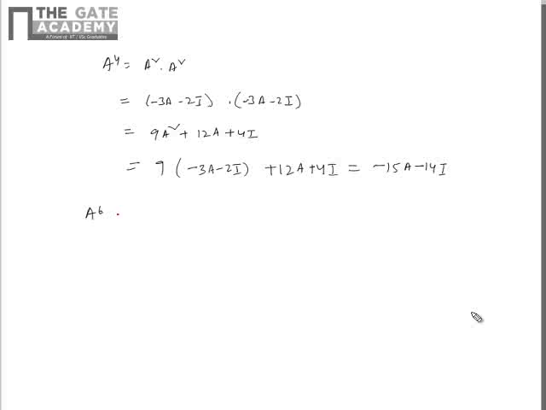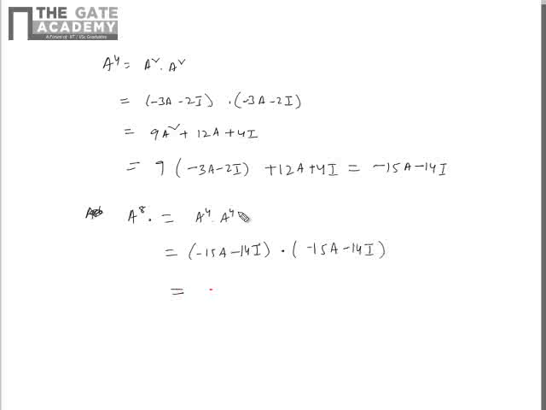Similarly, instead of evaluating A power 6, we can evaluate A power 8 directly, because A power 8 will be A power 4 into A power 4, and we already got A power 4 in terms of A and I. So I can just use (minus 15A minus 14I) into (minus 15A minus 14I).